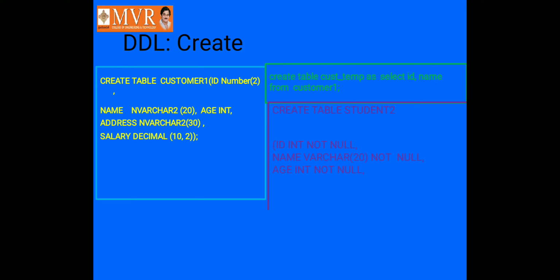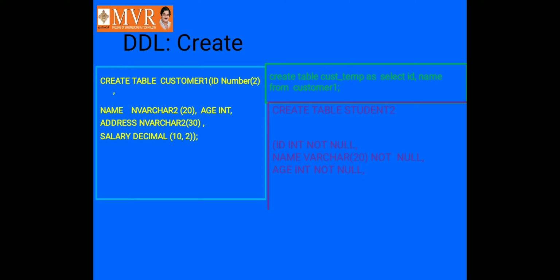I want to write a table for a customer. So customer, bracket start, id number 2, comma, name nvarchar character of 20.